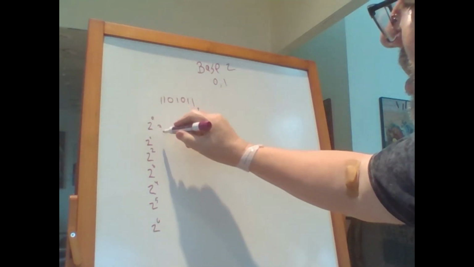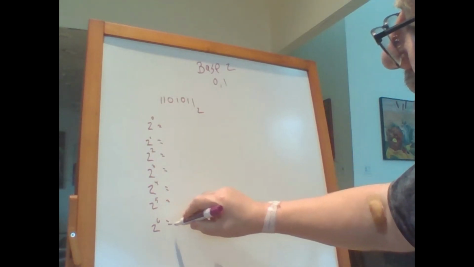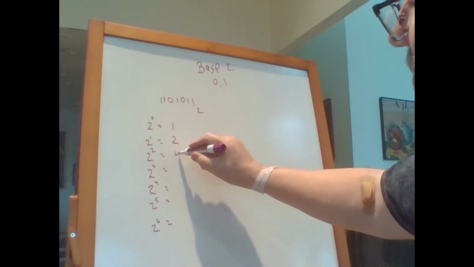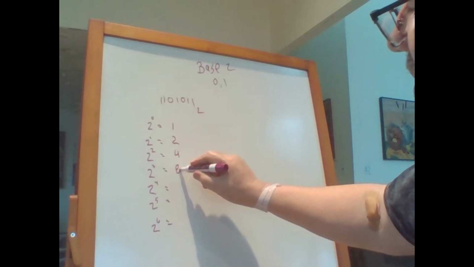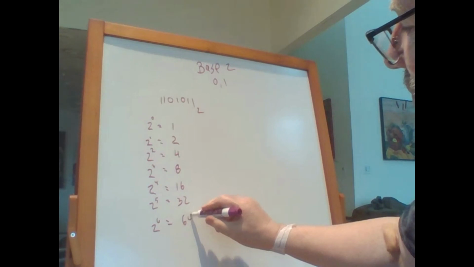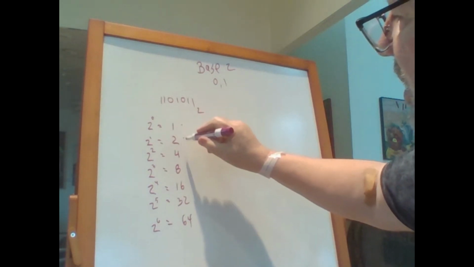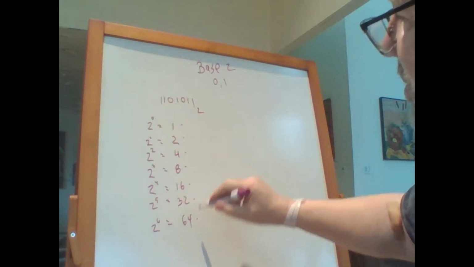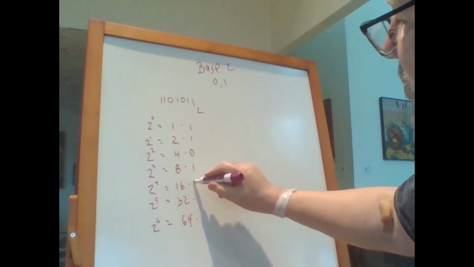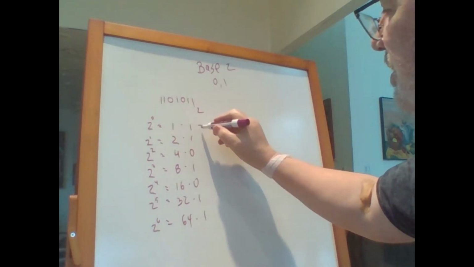And this is equal to 1, 2, 4, 8, 16, 32, 64. And here we have times 1, 1, 0, 1, 0, 1, 1.